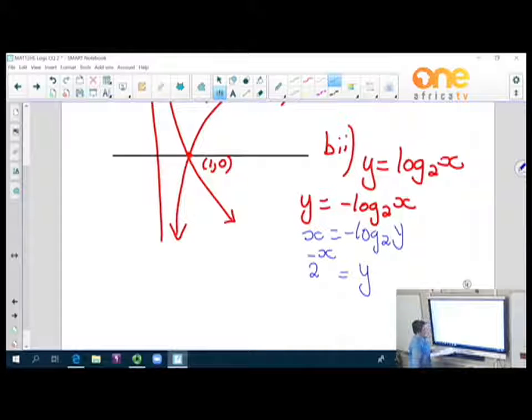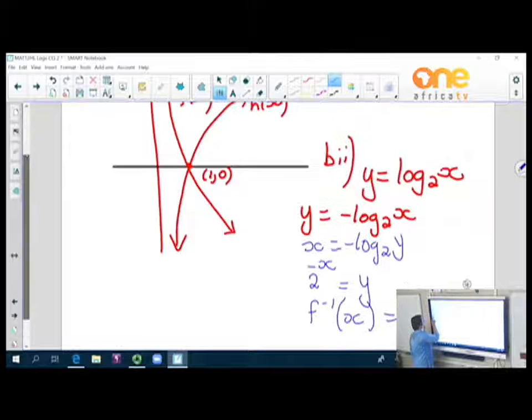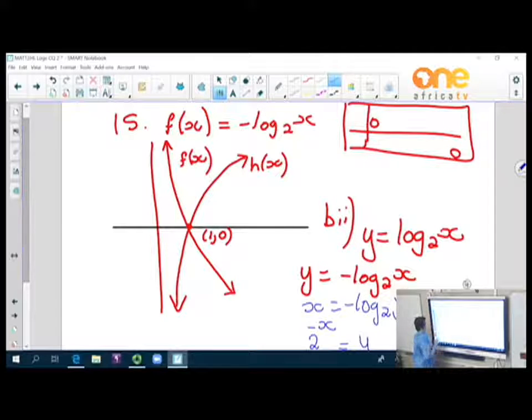So the inverse function, f inverse of x, is then equal to 2 to the power of negative x. Look at the difference between the reflection and the inverse function. This y equals 2 to the power of negative x will now actually lie here. Right, thank you.